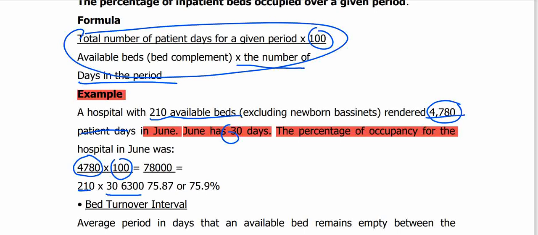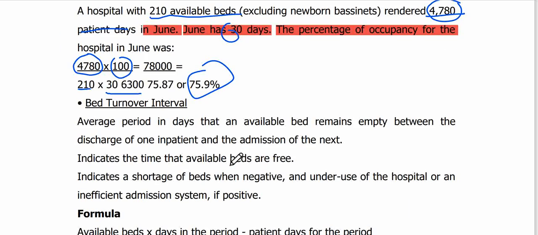Then that will give us 75.87. But of course, if you round it up, it will give you 75.9. Okay, get a pen, get a sheet, follow all this, and then you'll be able to do it by yourself and make the calculations. Otherwise it may look difficult, but it's a very simple calculation.